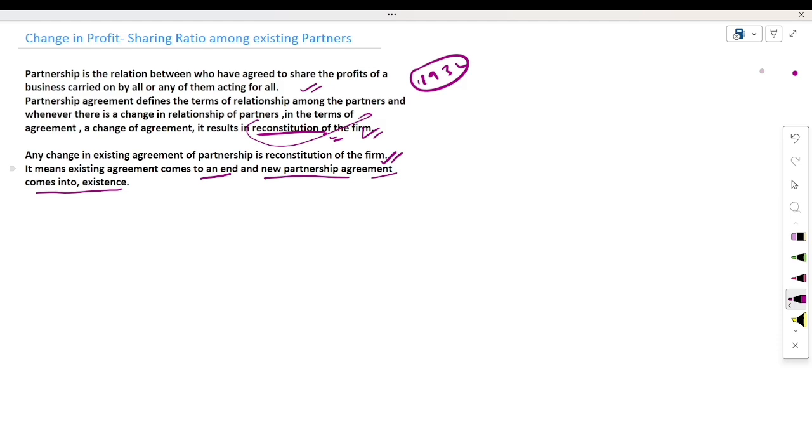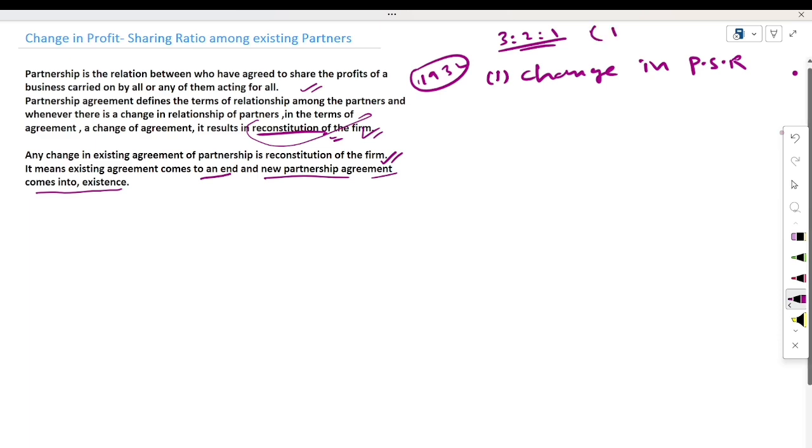In case of reconstitution of the firm, what may be the circumstances? The first circumstance may be that they agree to change the profit sharing ratio. It means earlier, suppose they were distributing their profit in the ratio 3:2:1, but after a certain period of time they have agreed that they will distribute the profit equally, in the sense that if there are three partners, then their ratio would be 1:1:1.